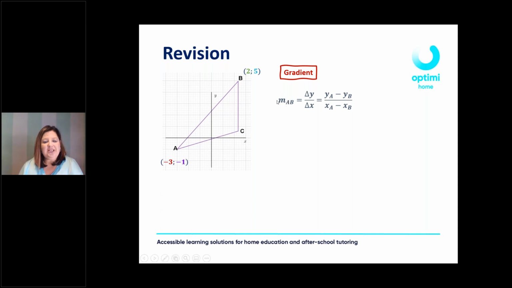It is a small letter m. So the gradient of the line AB is equal to the change in y over the change in x. This little triangle over here just means the change. Right, so what does that mean?